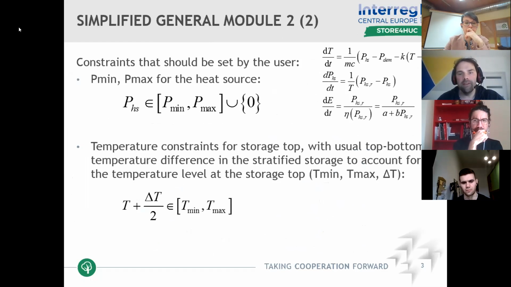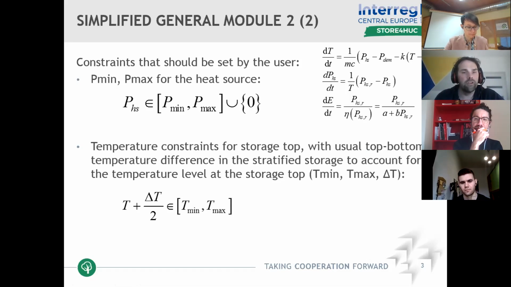So it's not that when they are switched on they can be run with any power from 0 to maximum, but there is usually, at least from the things we encountered in all our pilots, a situation that you have a minimum power with which you can run your source, and this power can be raised to the maximum available power of this heat source.